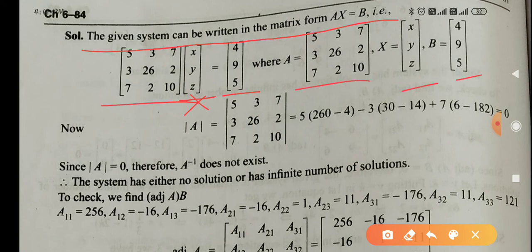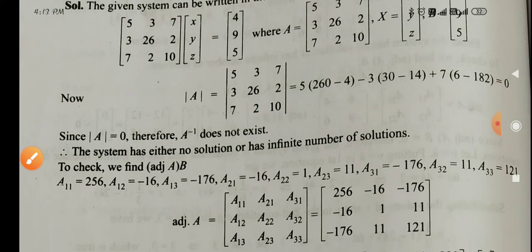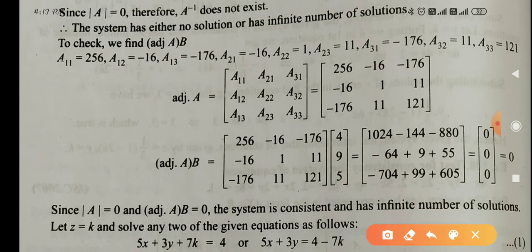Now you find that determinant A is 0, so two cases will be there. So you check adjoint A into B. Finding adjoint A, it comes out as 256, minus 16, minus 176, minus 16, 11, minus 176, 11, 121.